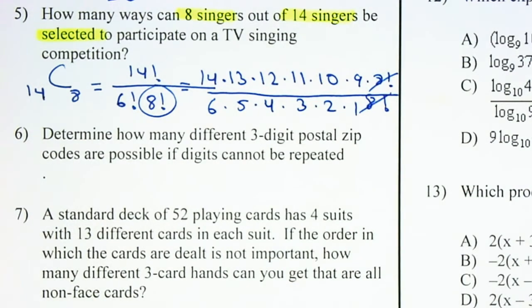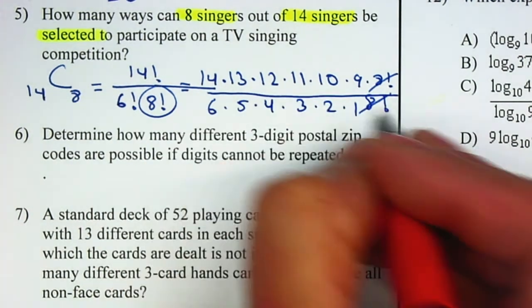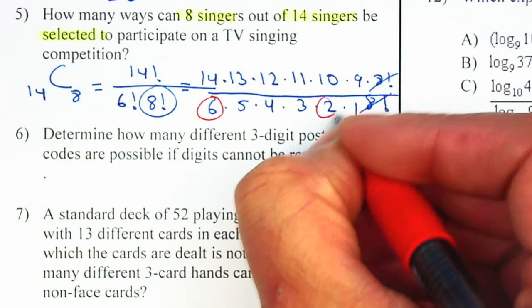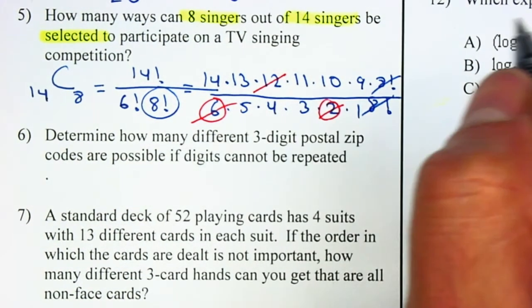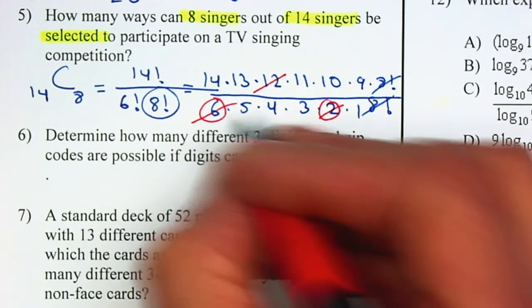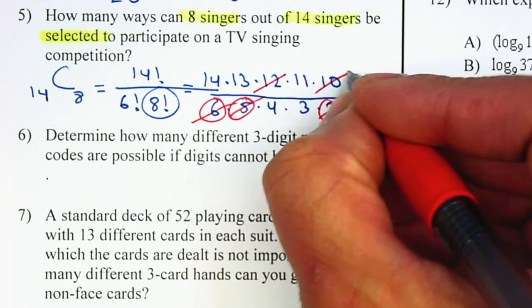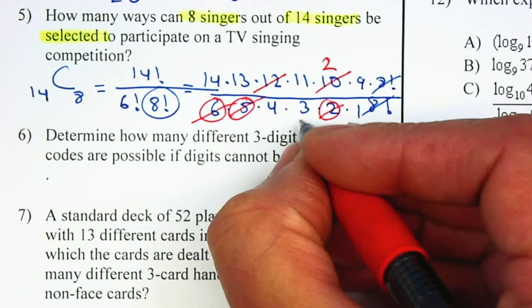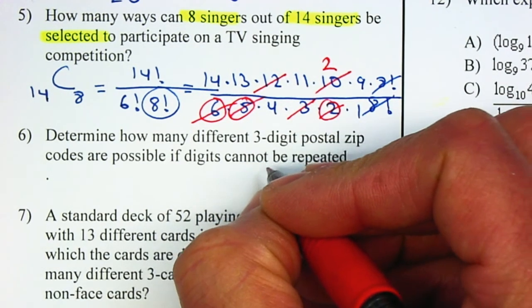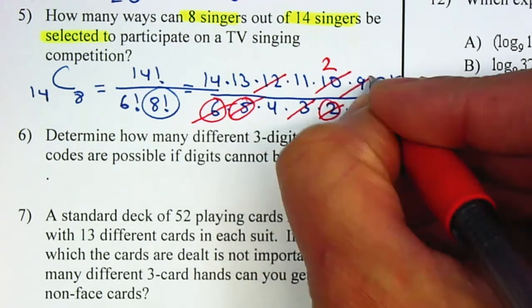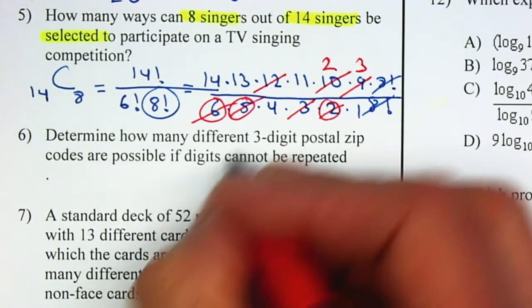Now let's go and simplify very carefully. We have the 6 and the 2 cancels with 12. The 5 simplifies the 10 to a 2. The 3 simplifies the 9 to a 3.